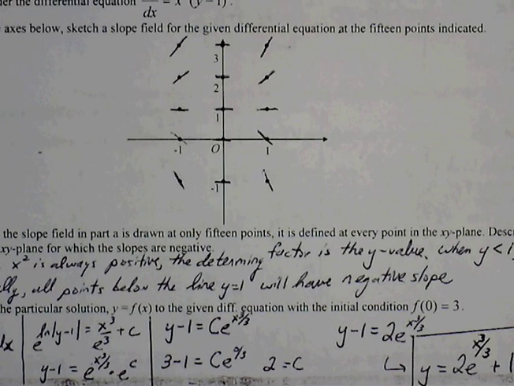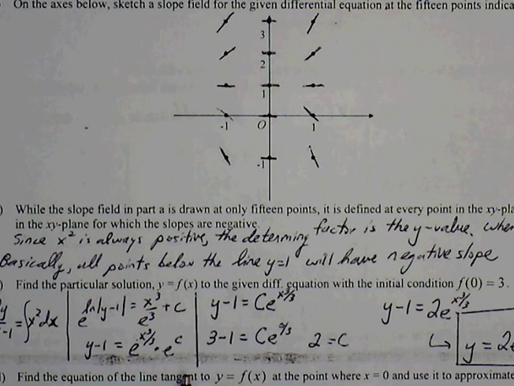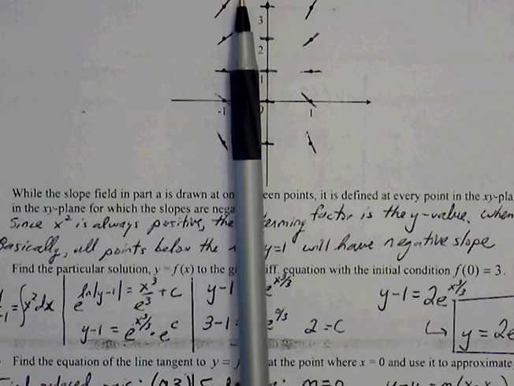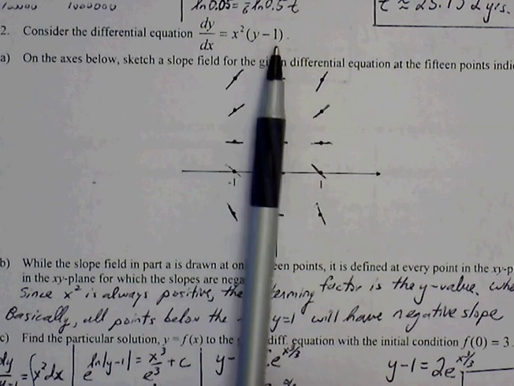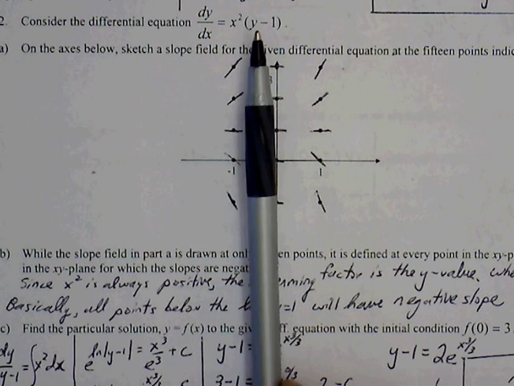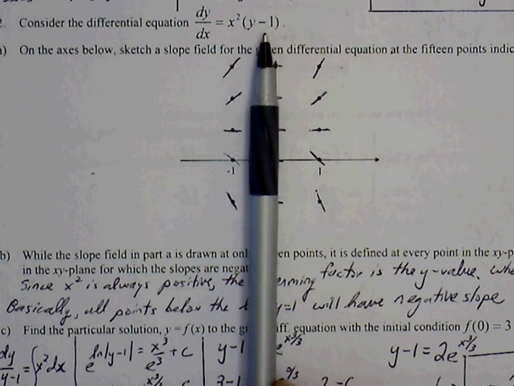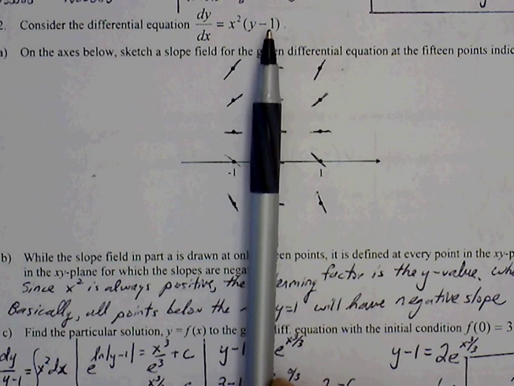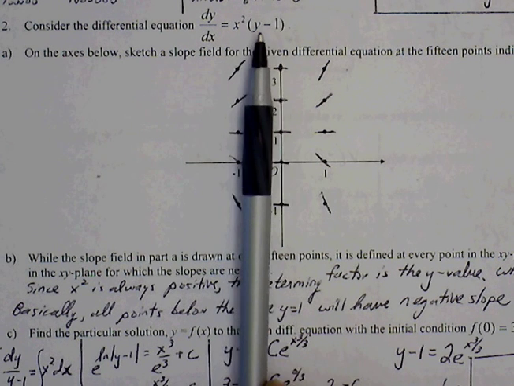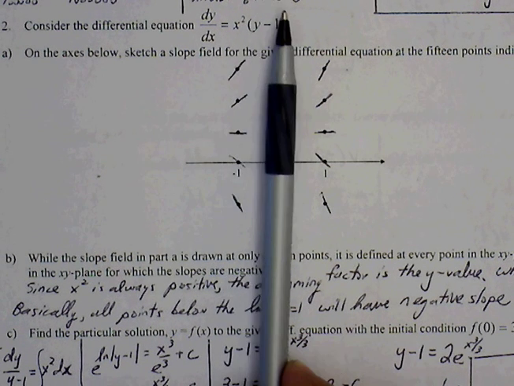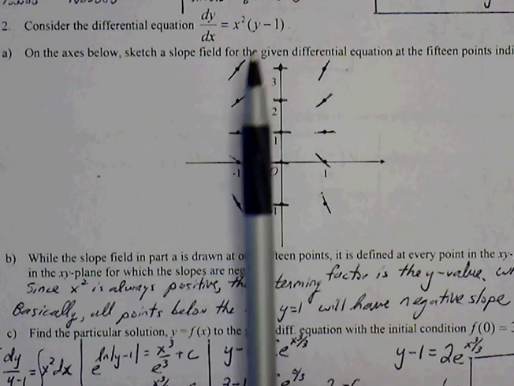So now, since x squared is always positive, the negative is not going to come from the x squared. The negative is going to come from the y value. So the only time that this expression will become negative is when our y value is less than 1. Once it gets less than 1, then that expression will become negative, and that's going to force this derivative to be negative.